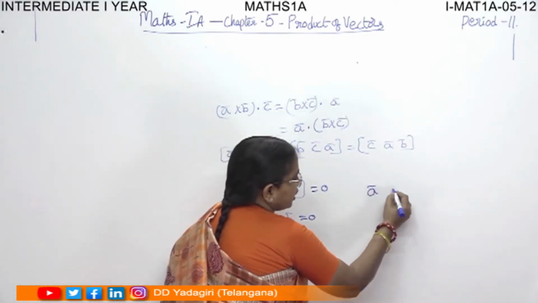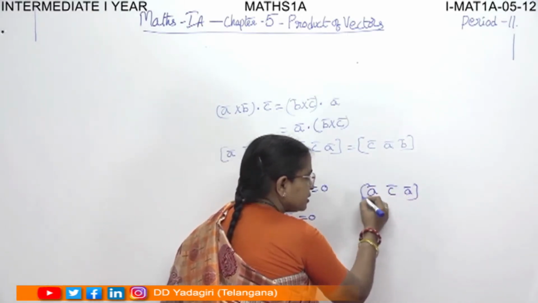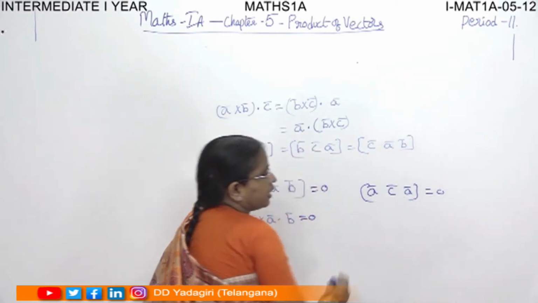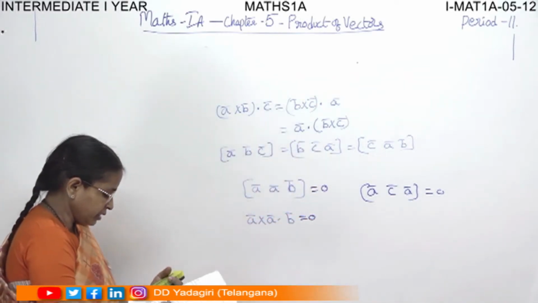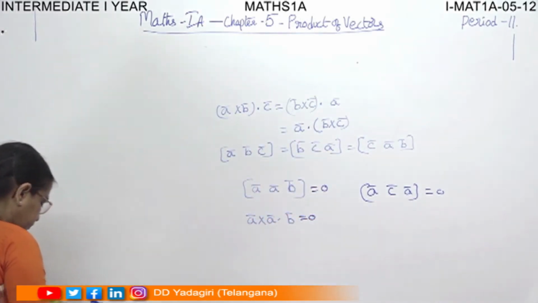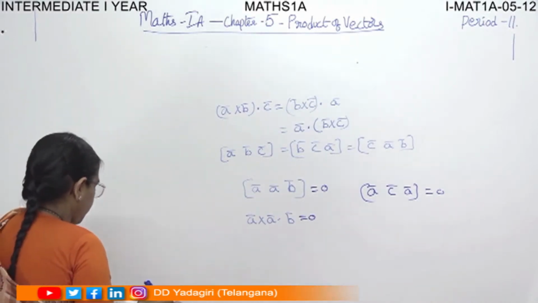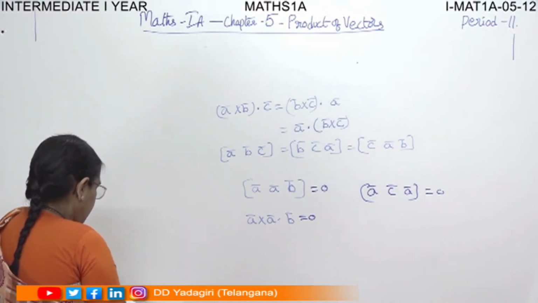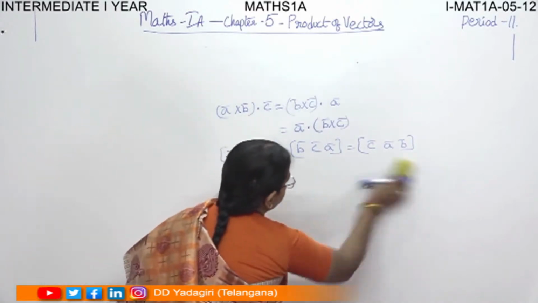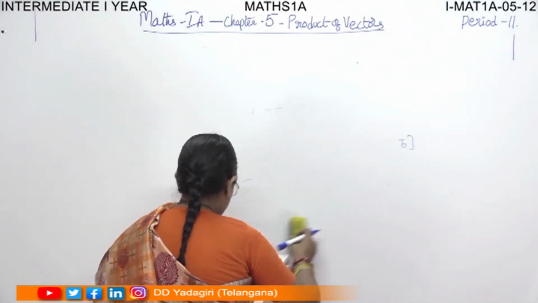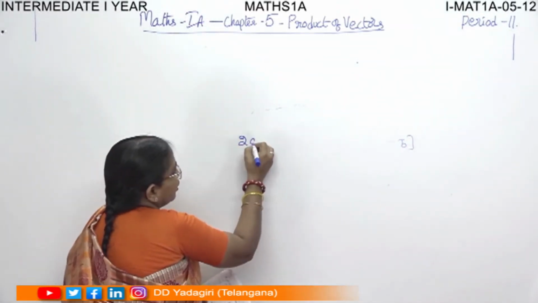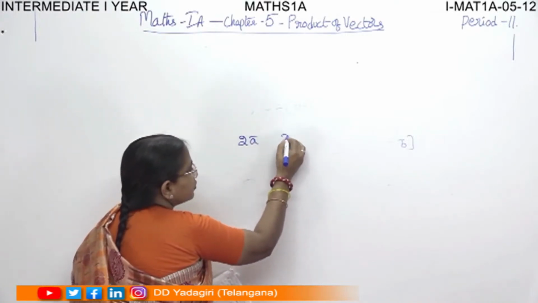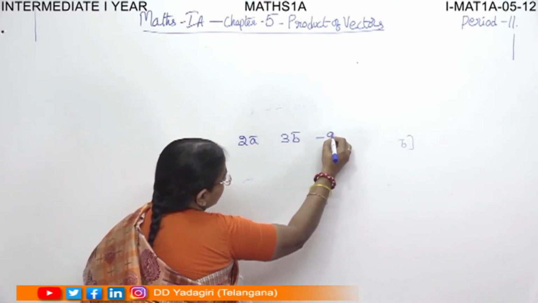Similarly, suppose I have ACA like this. This is also equal to 0. If two vectors are identical, then its value is equal to 0. Okay, the next property. Suppose that I have 2A dot 2A, 3B, and then minus 9C like this.